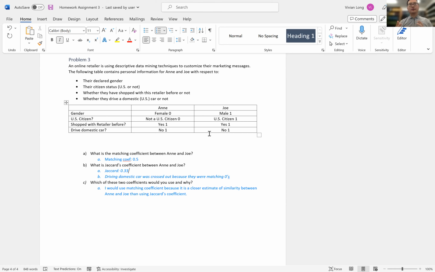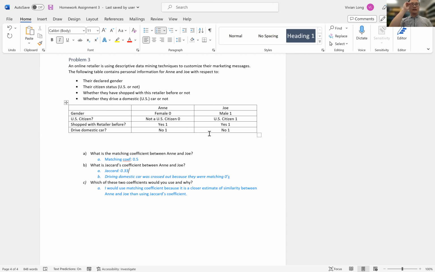So although some coefficient for similarity accounts for all variables, it's another story whether a variable actually captures similarity at all. If a variable doesn't capture similarity as what we intended it to, then using whichever matching coefficient may not address the question as well.